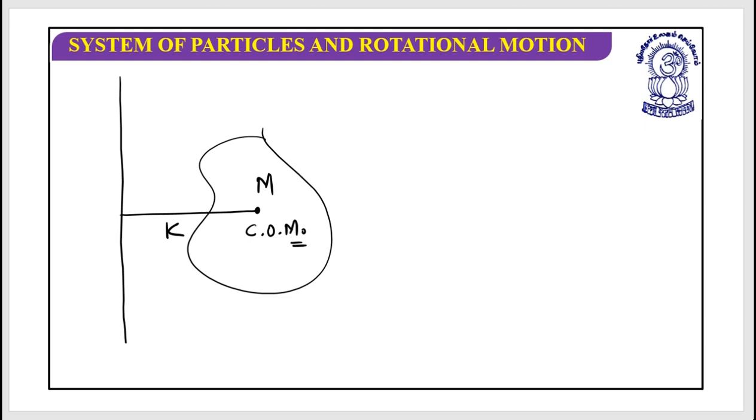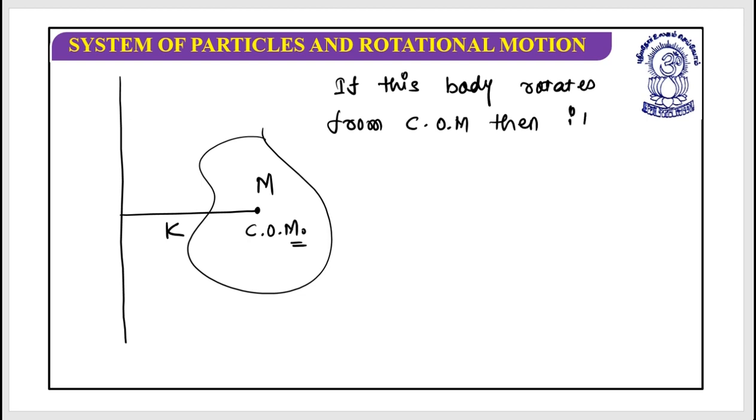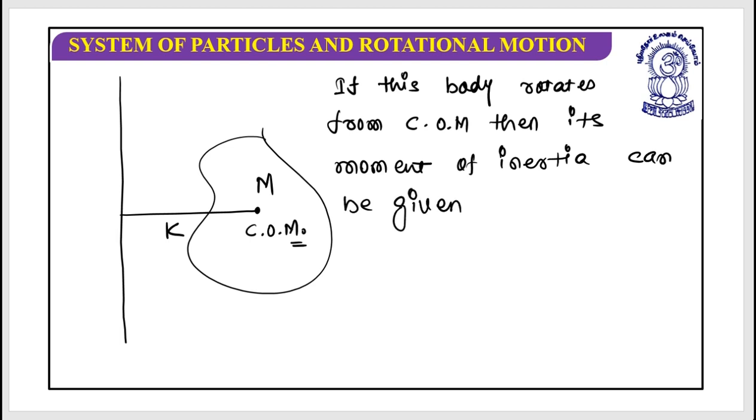So I can define this as, if this body rotates from COM, then its moment of inertia can be given as I is equal to mk square.